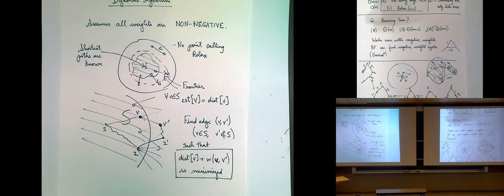So, sorry, let me just say what I have to say. What I did was, I'm assuming that in the shaded region, you know the shortest paths. Okay, I have a shortest path tree. So I just guarantee that to you. That includes paths that go out and come back in. I'm just saying that within the shaded region, I have the true shortest path to every vertex in the shaded region. It will not change, even if you go out and come in.